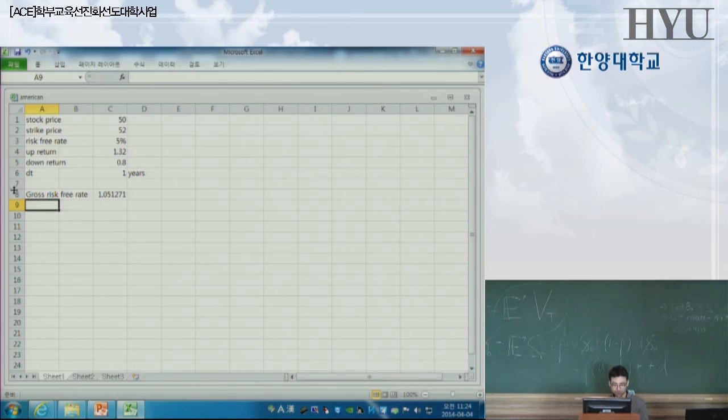Okay? Therefore, now we can calculate risk-neutral probability. Risk-neutral probability is e^(rT) minus D divided by U minus D. Okay?